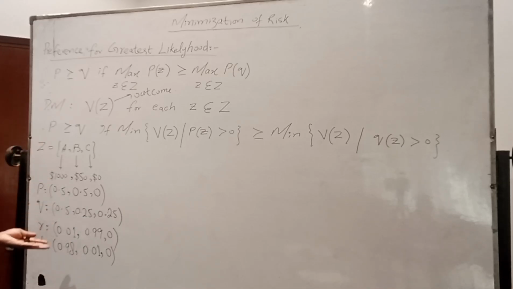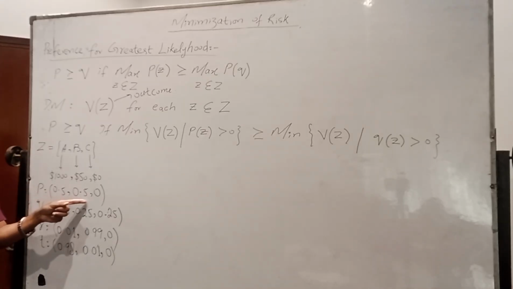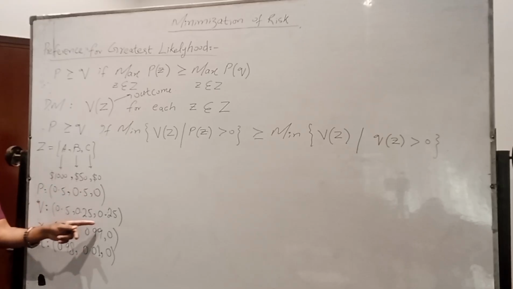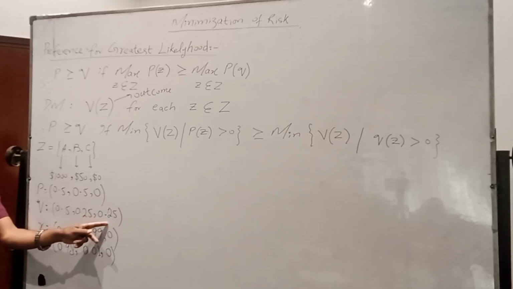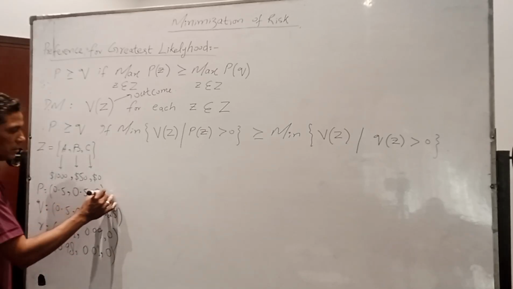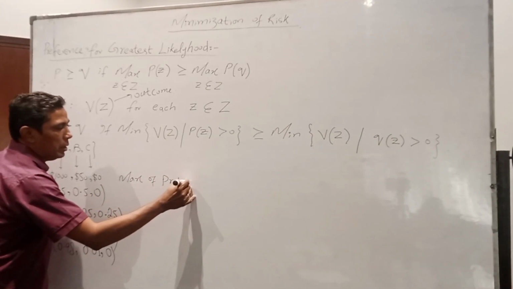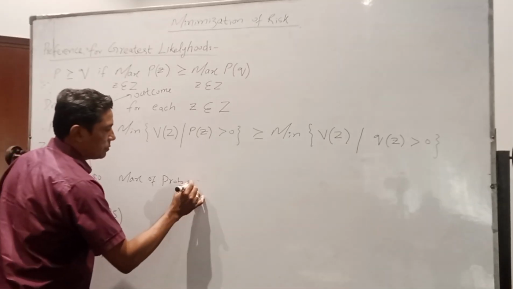Because we have to rank out these lotteries. So first of all, we decide the maximum value of probability for outcome in each lottery. Okay, that is lottery 1, that is lottery P, and these are the probabilities for each outcome. Am I right? This is lottery Q, and these are the probabilities for each outcome: A, B, C, A, B, C, A, B, C, A, B, C. Right? Clear? Now select the max of these probabilities in each lottery.